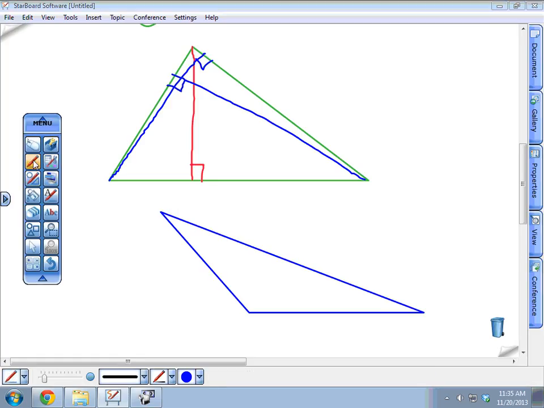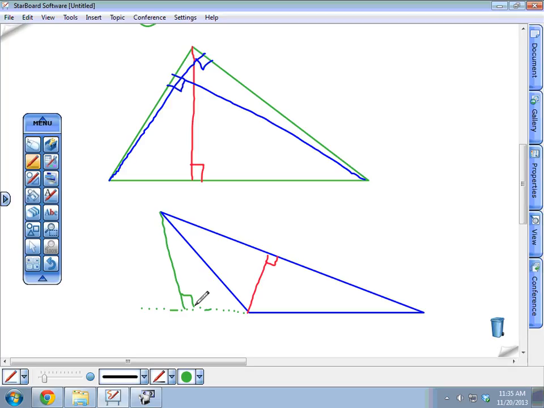Okay, so here I have an altitude. I have an altitude here, which is going to form a right angle. But notice that from this vertex down here, if I want an altitude, I would have to extend that line over to find my altitude. So my altitude there is going to be outside of my triangle.